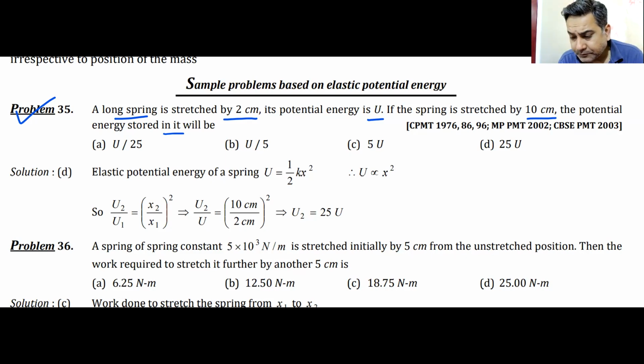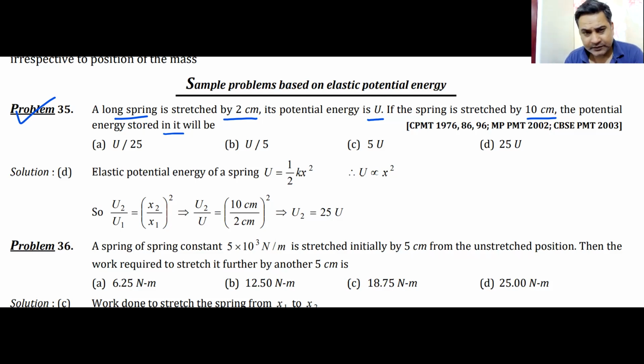Everyone got the answer? So, how to do this?